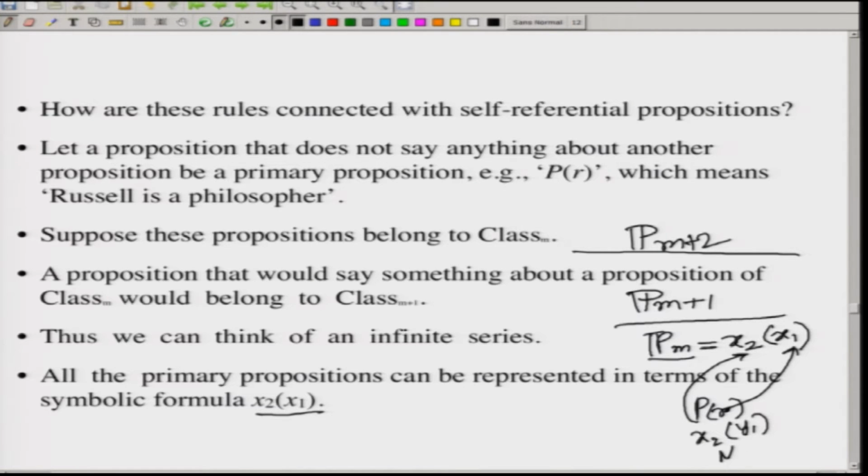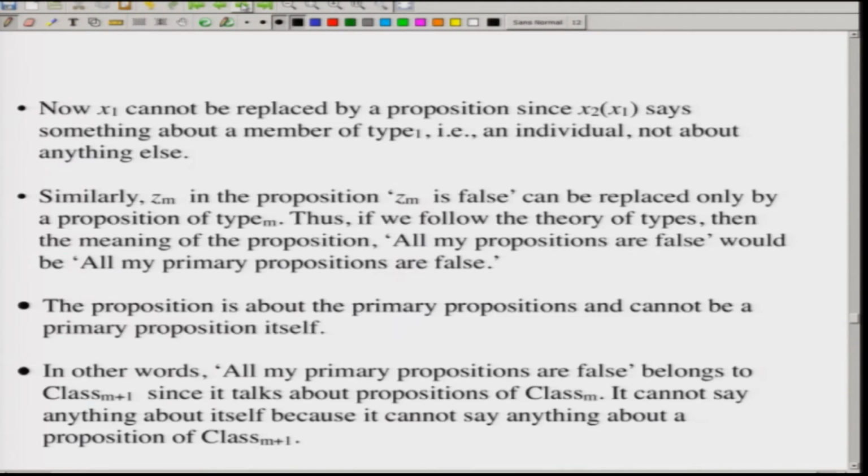Or m r, or w i, say i stands for Indira Gandhi, and w stands for woman, and all that stuff. Now x1 cannot be replaced by a proposition, since x2 x1 says something about a member of type 1, that is an individual, not about anything else.